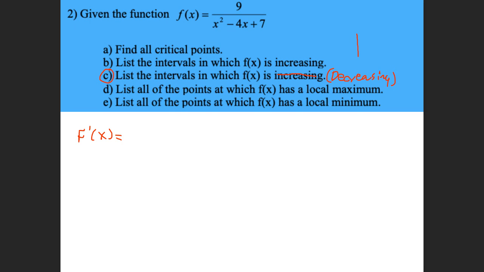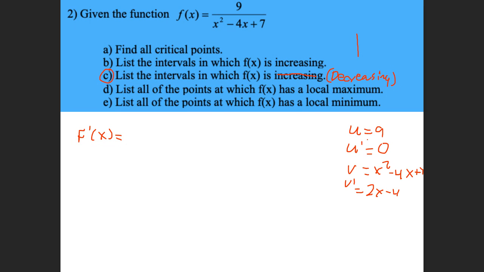So in this problem, u is equal to 9, u prime is equal to 0, v is equal to x squared minus 4x plus 7, and v prime is equal to 2x minus 4.